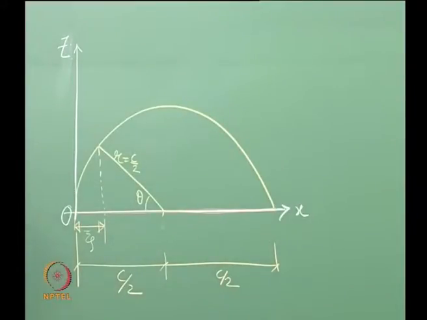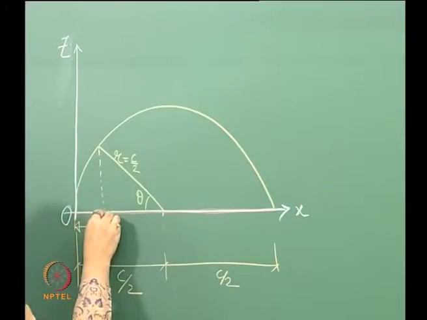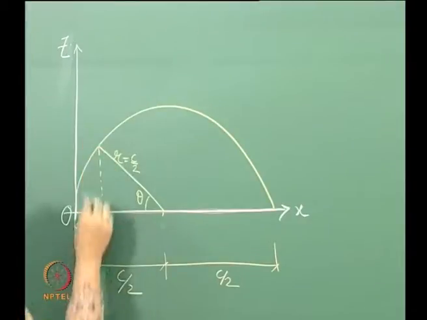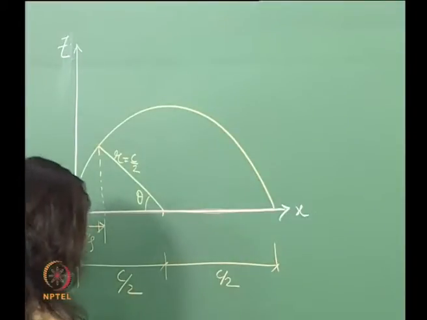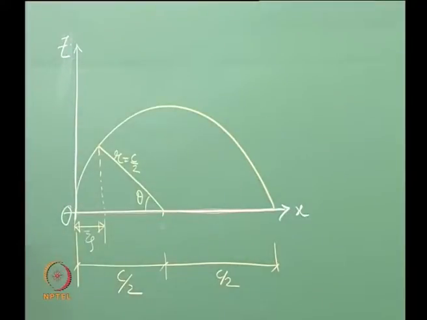So this distance is z. So at this particular point, the x location of this point is z.